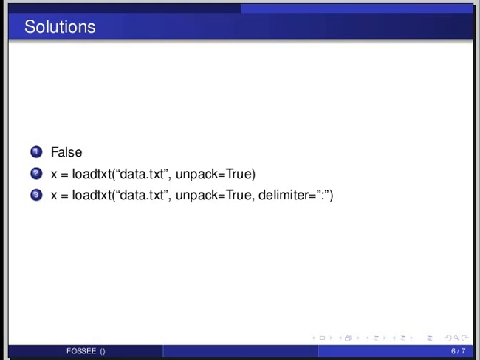We use the loadtxt command as x = loadtxt within brackets and double quotes data.txt, comma, unpack=True. And the third one, if a file has 3 columns of data separated by delimiters, we read it into 3 separate sequences by using an additional argument of delimiter in the loadtxt command.